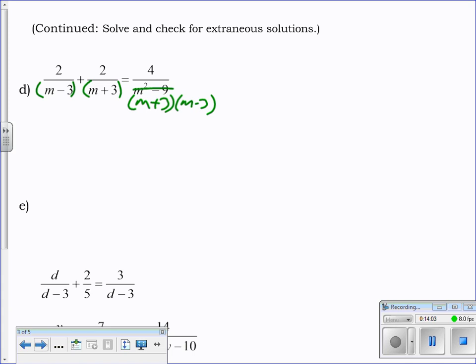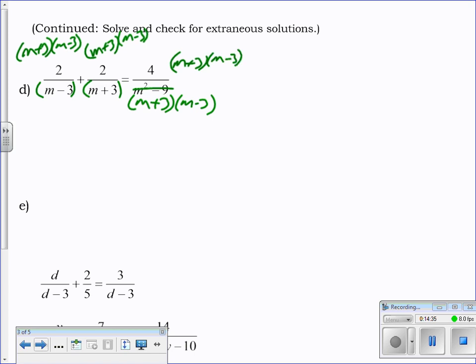Now, when I have a complex fraction like this one, remember on the first example, I just multiplied by 8 times the whole thing, because that's the basic fraction. This one's a little more complicated. I do m plus 3, m minus 3, m plus 3, m minus 3, m plus 3, m minus 3.